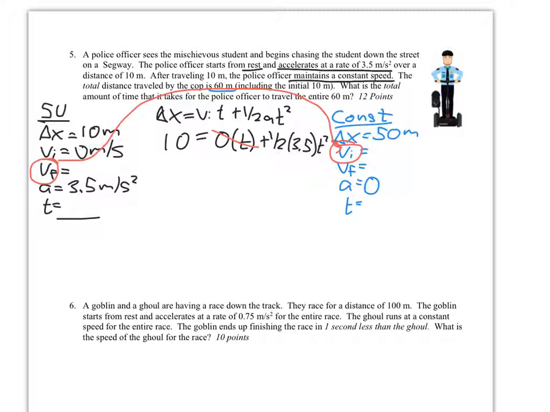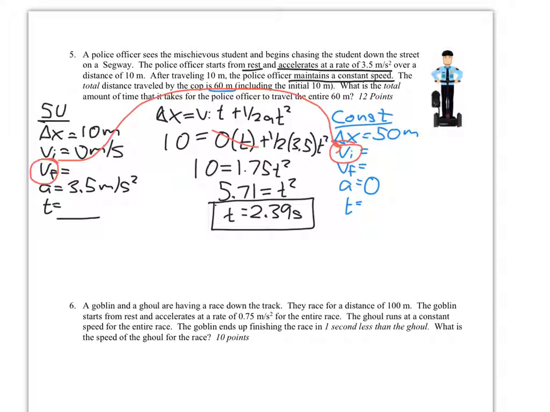All right, so I end up getting 10 is equal to 1.75 t squared. Dividing by 1.75, I get 5.71 equals t squared, so my time for the speeding up portion is going to be 2.39 seconds.